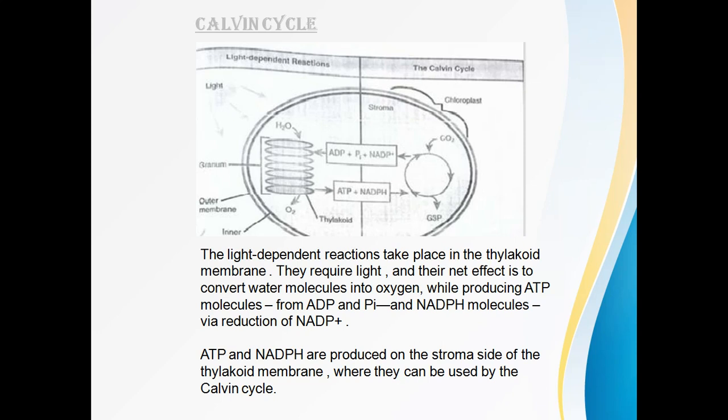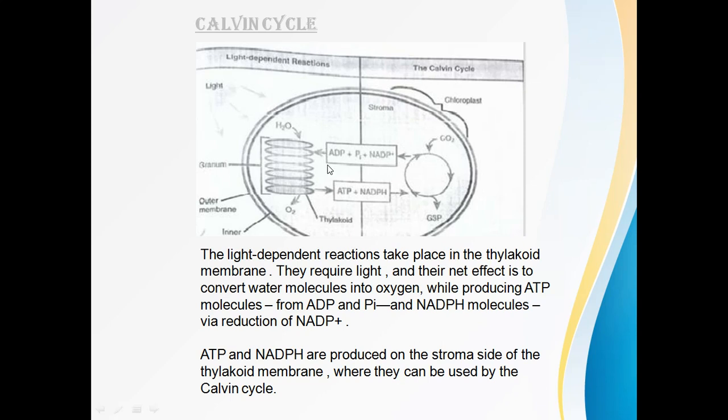So here, light dependent reactions absorb the light and store it temporarily, and this ATP, the full form of ATP here is adenosine triphosphate.